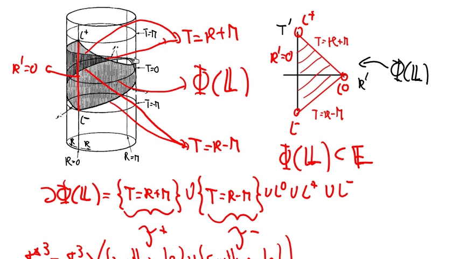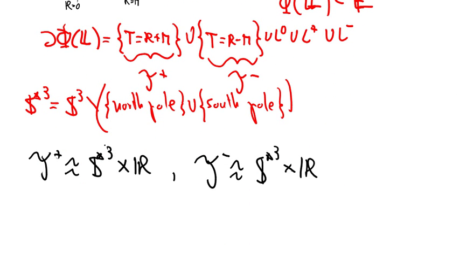But this line is just homeomorphic to the circle, but with 2 points taken away, which are I plus and this I naught, which is here. Okay. So with that in mind, it's easy to realize that future null infinity is topologically this set, and something similar happens for past null infinity.